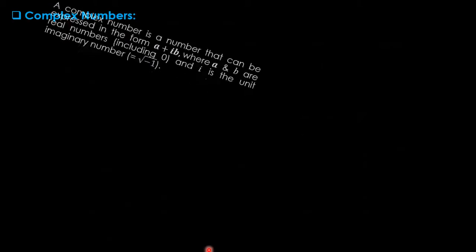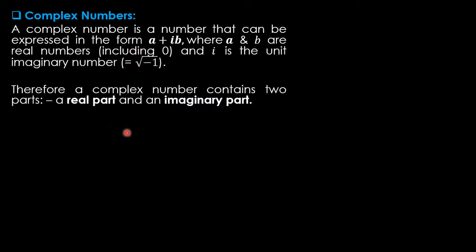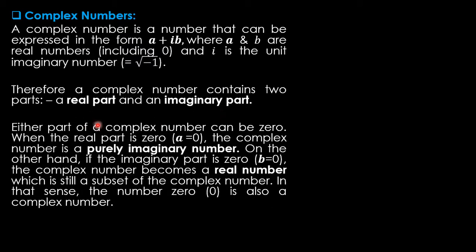What are complex numbers? A complex number is a number that can be expressed in the form of a plus ib, where a and b are real numbers and i is the unit imaginary number. Therefore a complex number contains two parts, a real part and an imaginary part. Either part of a complex number can be 0.